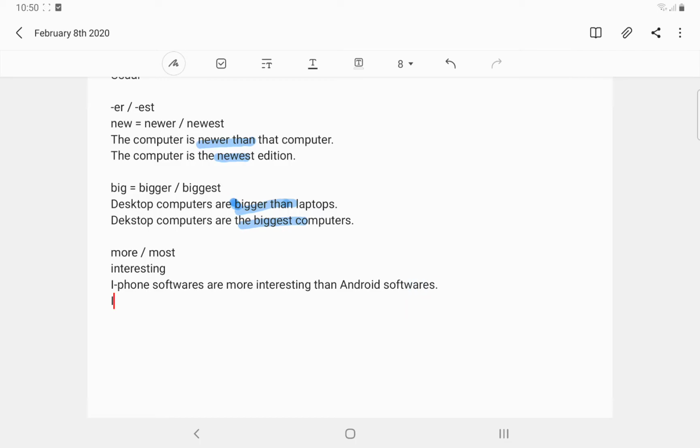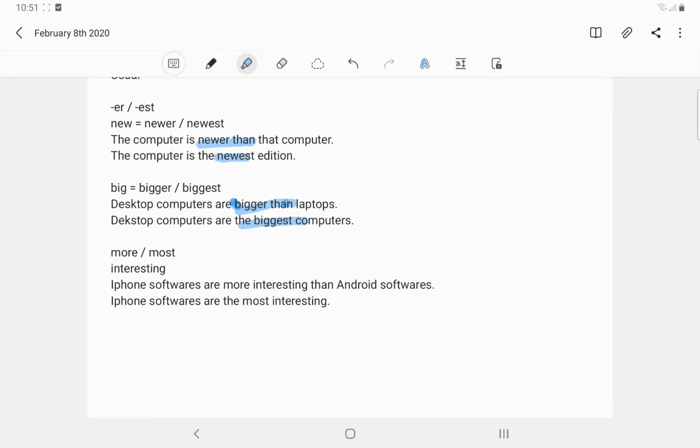Oh, kalau you nak guna perkataan most, I do not know whether it's 2 words or 1 word, but anyway, iPhone softwares are the most interesting. So that is how we use the word more dengan most. I know many of you know how to use this. It's just a bit of refreshment before we get to the new one.